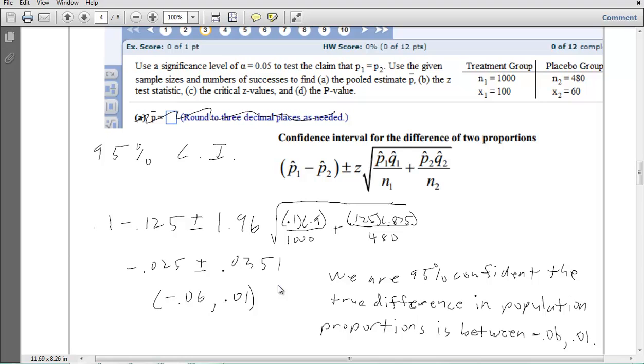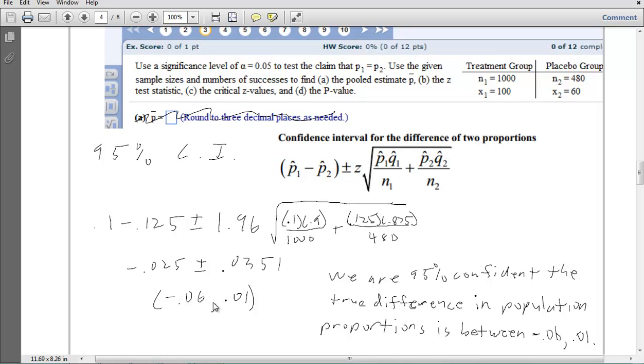So to state what this means in English, it means we are 95% confident the true difference in population proportions is between negative 0.06 and positive 0.01. And so remember, we're just saying, where do we think the true difference lies? It's somewhere in this interval.